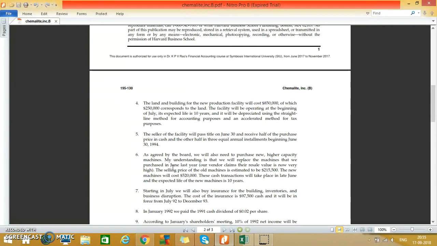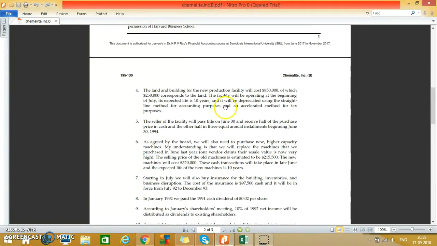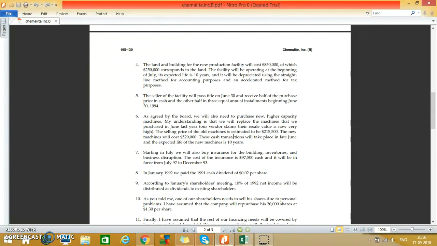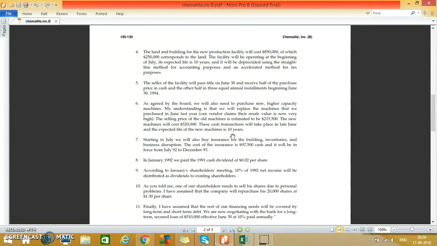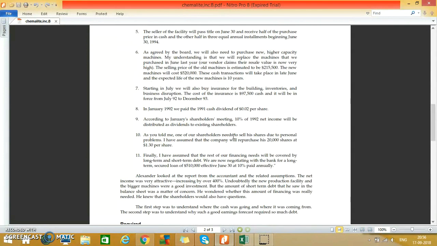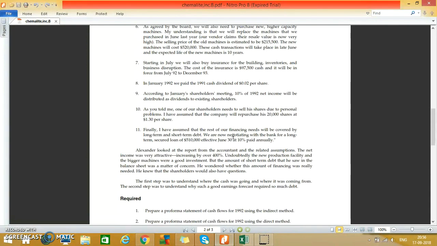And here we also see that while he is improving the facility, he also sells away a part of the machinery. So the part of the machinery is being sold for 2,15,500, and a new machinery is being bought. So we will have to factor in all these things to find out whether Alexander can actually make a good presentation for the shareholders, and can actually satisfy them with the questions that they will be asking.